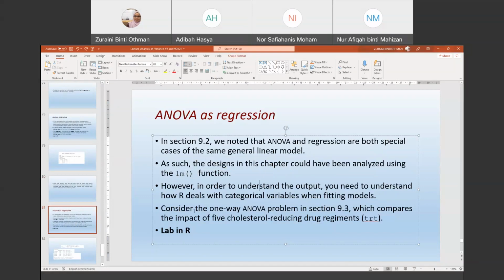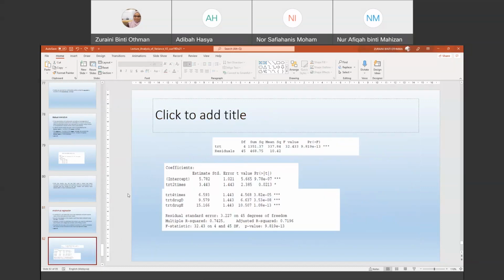model. Okay, consider the one-way Anova problem here, which compares the impact of 5 cholesterol reducing drug regimens. Okay, how can we see from this problem? And we will do the code to get this result.